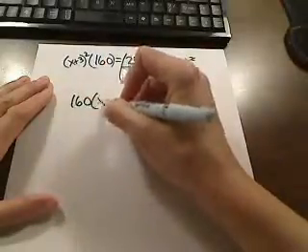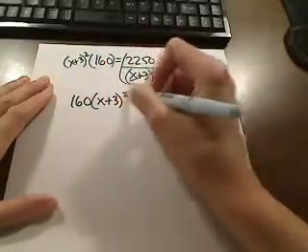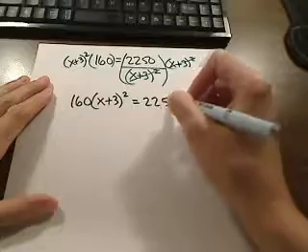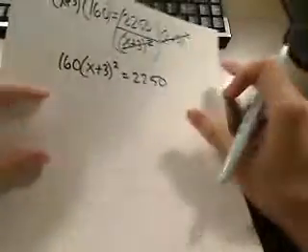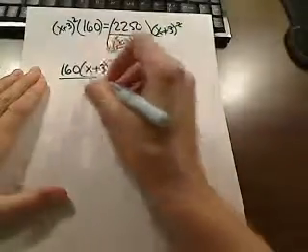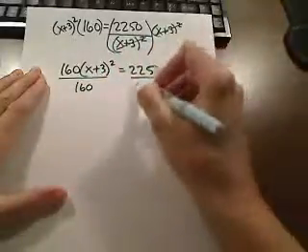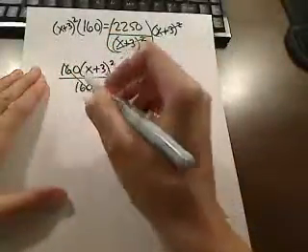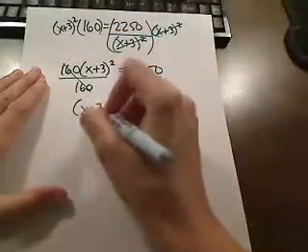So we have 160 times (x plus 3) squared equal to 2250.